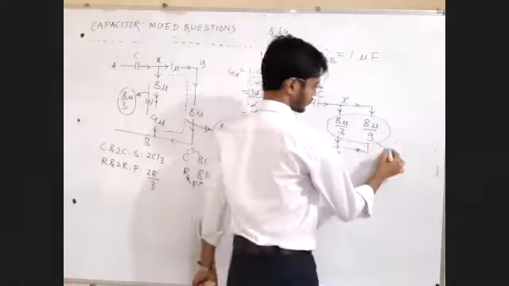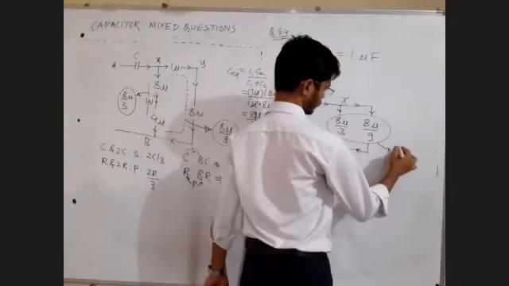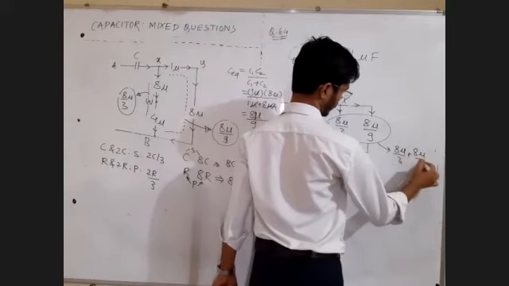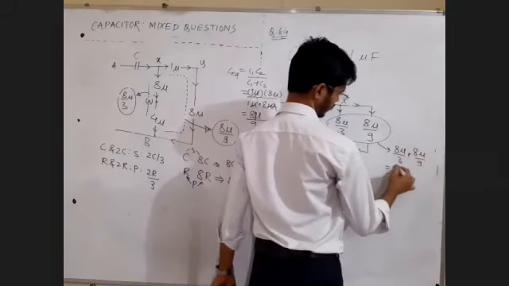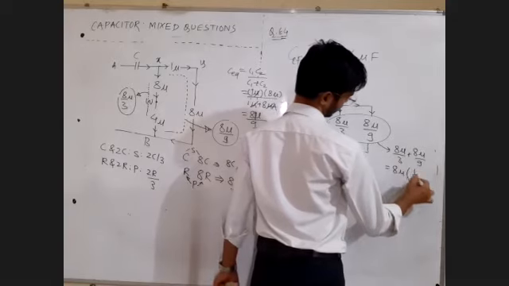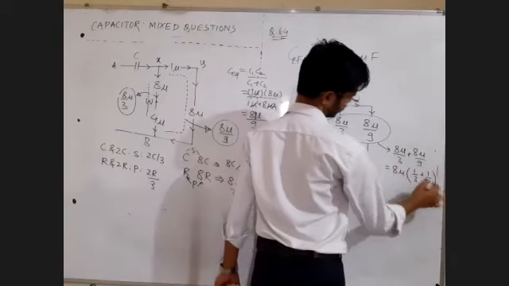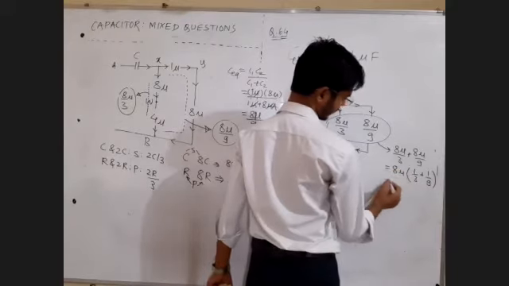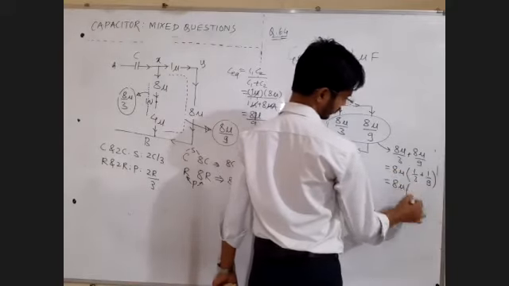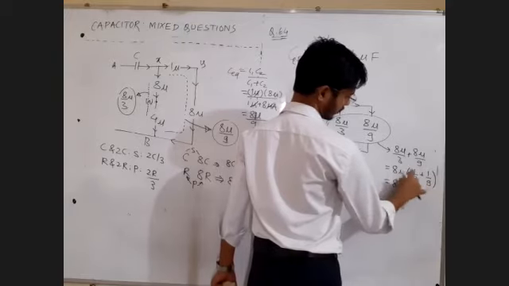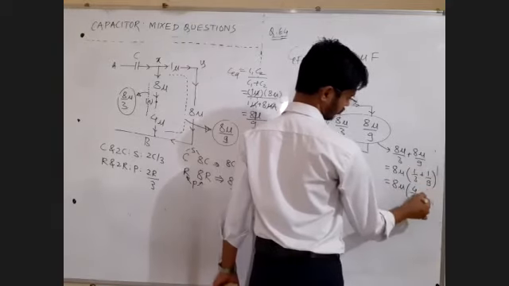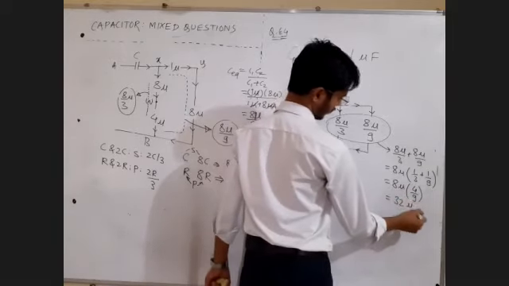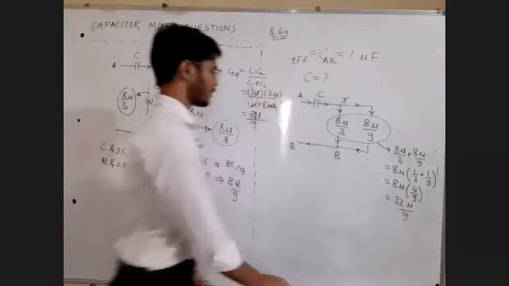Parallel means addition: 8 micro upon 3 plus 8 micro upon 9. 8 micro common, 1 by 3 plus 1 by 9. Multiply numerator and denominator by 3, that becomes 3 by 9. So 8 micro, 3 by 9 plus 1 by 9, 3 plus 1 is 4, 4 by 9, or just make it 32 micro by 9.